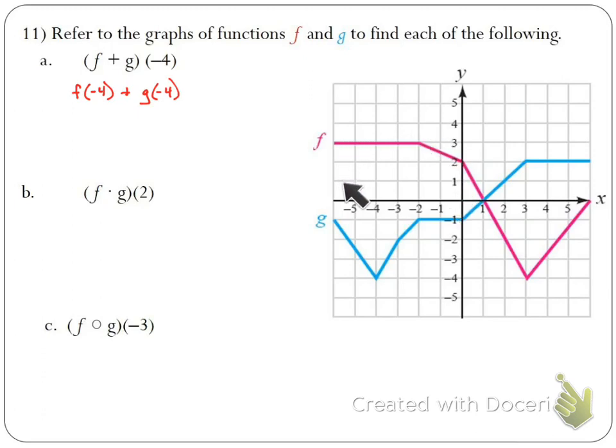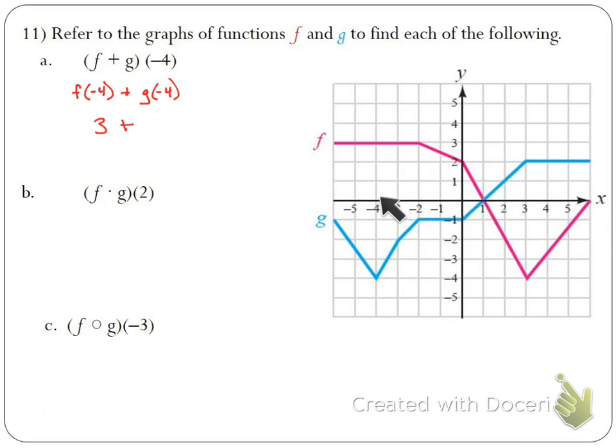We go to our graph. Here's f. Here's the input, negative 4. What's f's output, guys? Ella, what's f's output? At negative 4, f's output is? Positive 3. Good. Plus, go to the g function.